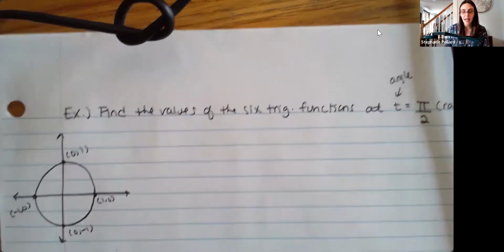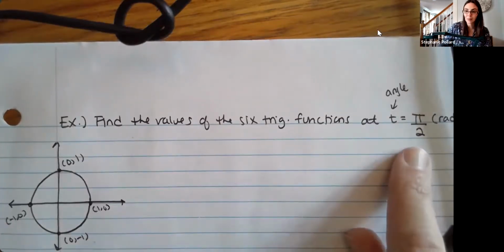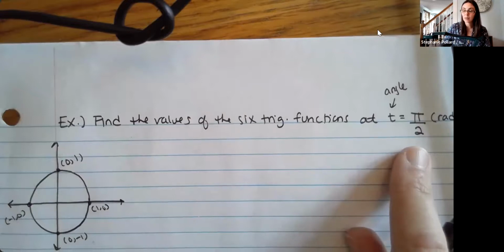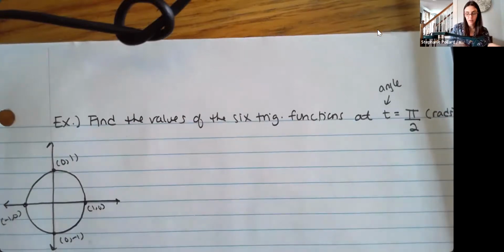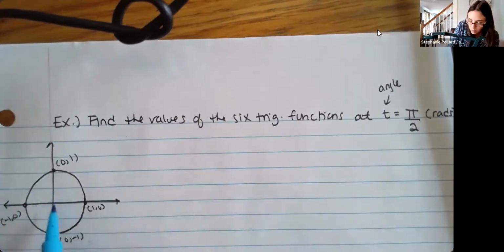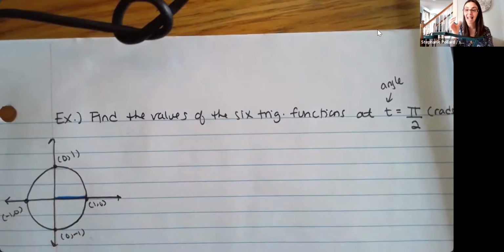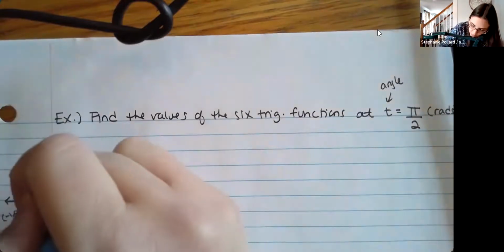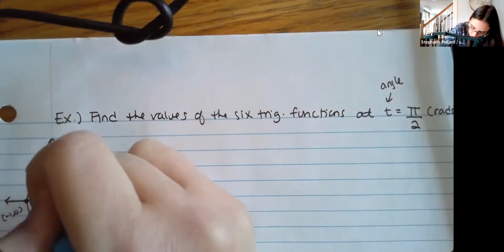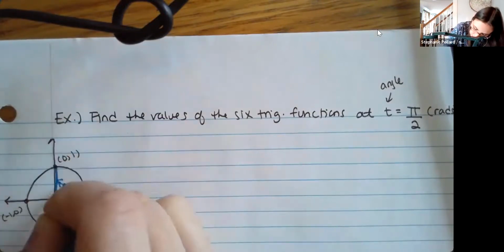And now I have an angle of pi over 2. So think back a couple videos. We know this one. This is one that we should be familiar with. And again, we always start on the x-axis, the positive side. Pi over 2 corresponds to 90 degrees, which is that quarter rotation. So it goes from here to here. So this is your t.